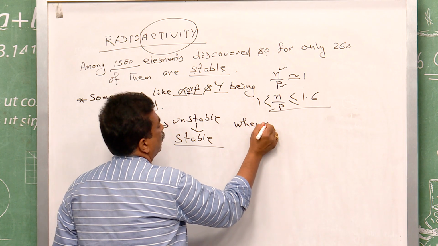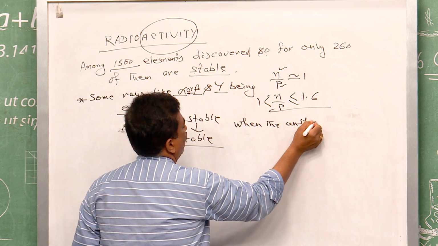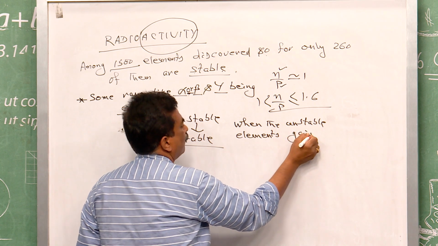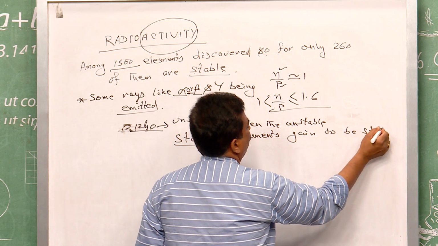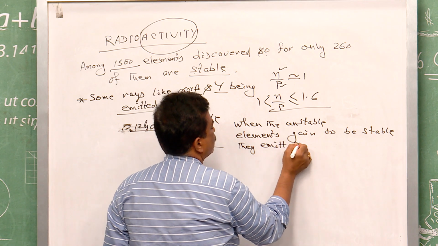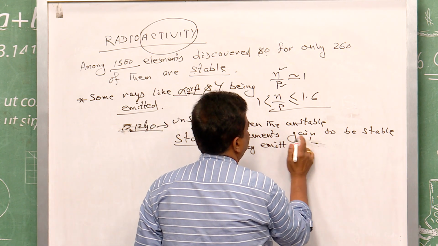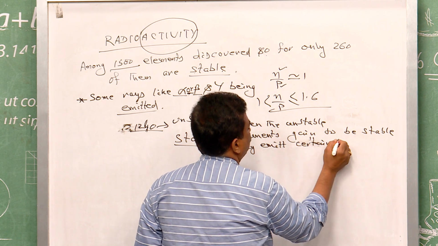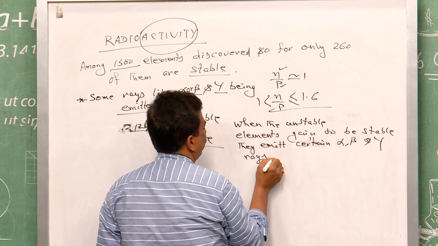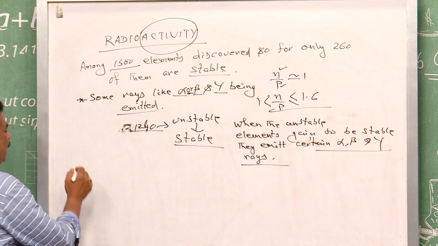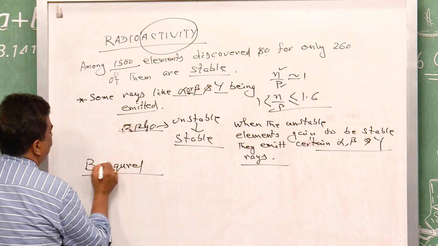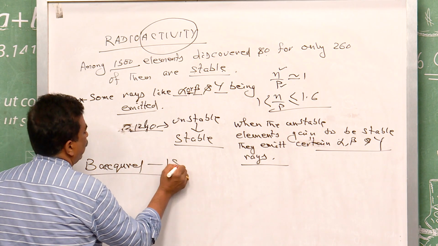When the unstable elements gain stability, they emit certain alpha, beta and gamma rays, and this was first discovered by Becquerel in 1896.